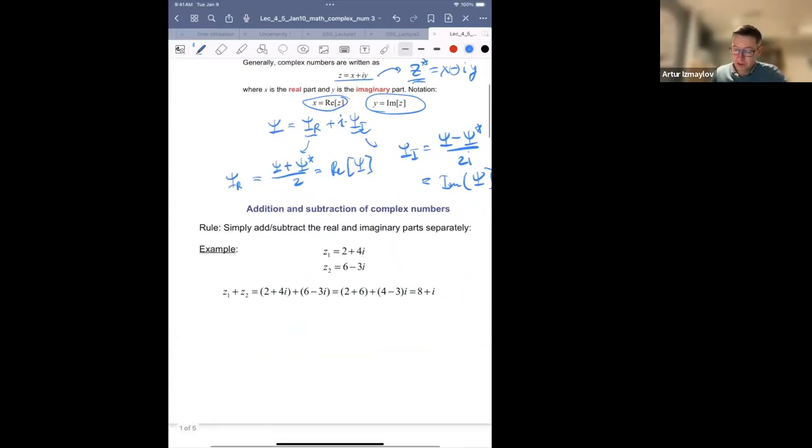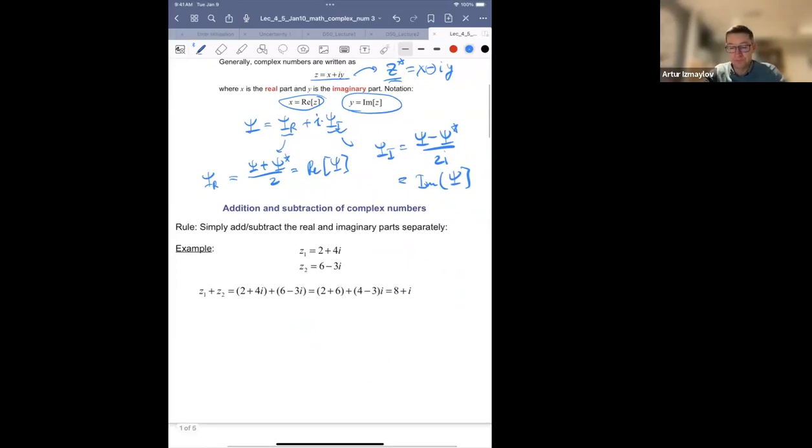Now, with any numbers, mathematically speaking, complex numbers form a field. What this means is certain things, like you can add, subtract, multiply, divide, right? And you have 0 with respect to addition. You also have an identity with respect to multiplication.